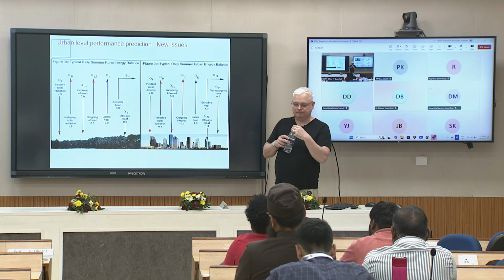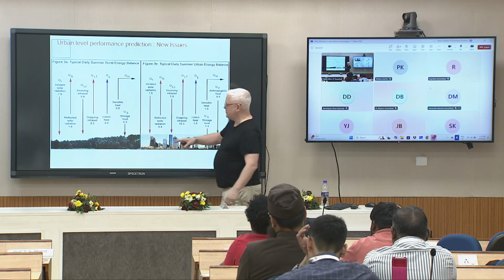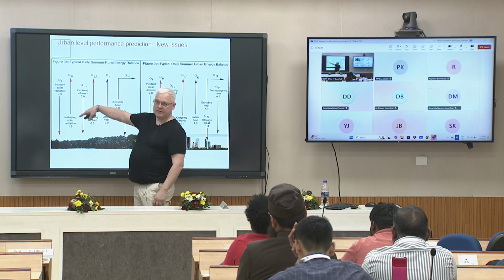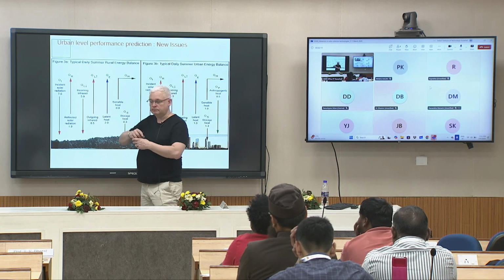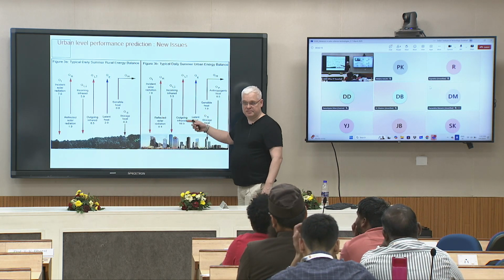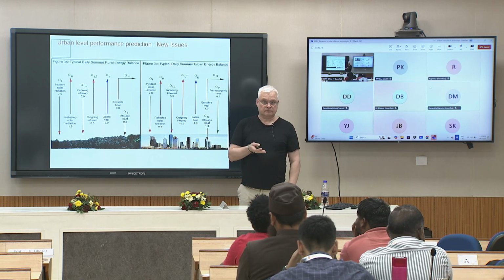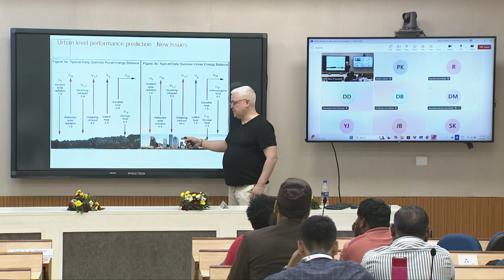No. A lot of reflections. No, not reflection. Yes, reflection is here. There is more reflection in the countryside than here. But here it is infrared emission. Infrared emission is directly linked to the temperature of the surface.